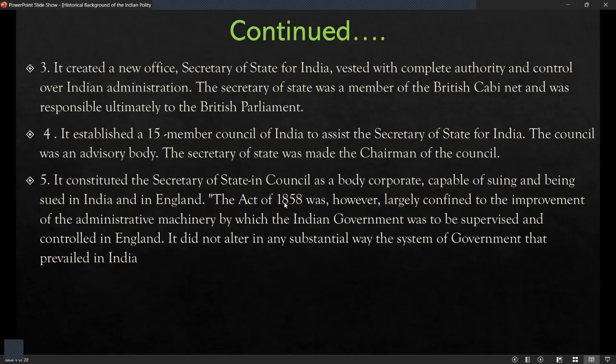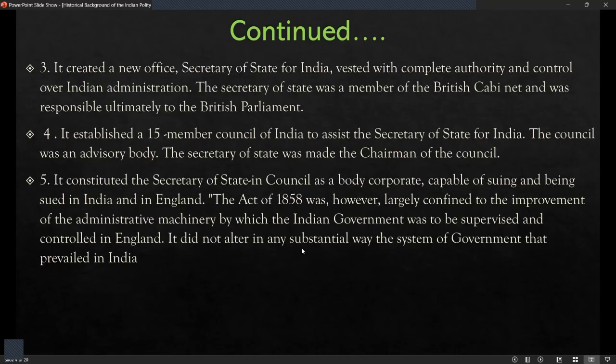Okay, so the Act of 1858 was, however, largely confined to the improvement of the administrative machinery by which the Indian government was to be supervised and controlled in England. It did not alter in any substantial way the system of government that prevailed in India. So after the revolt of 1857, the British government took over, and all the administration was under British control.